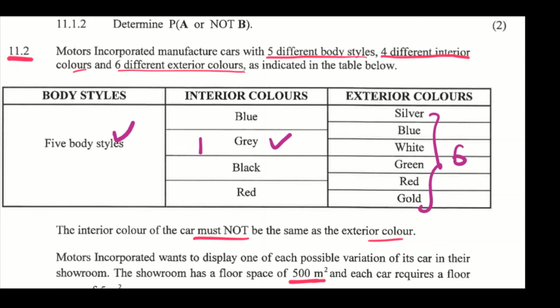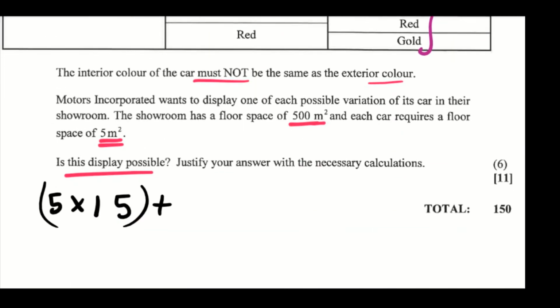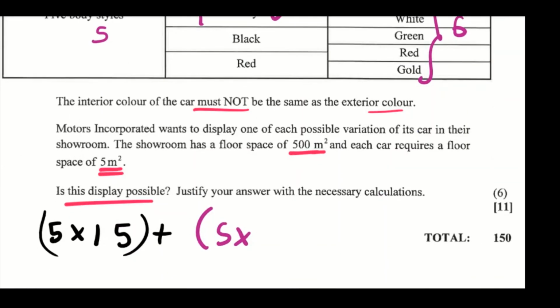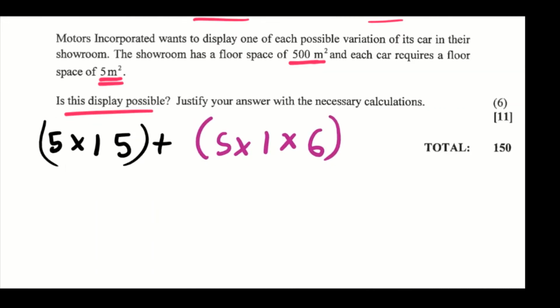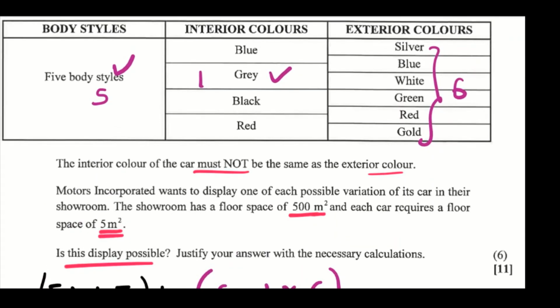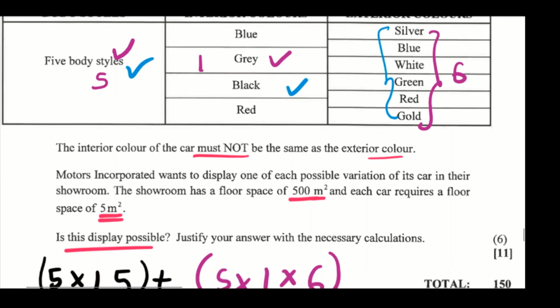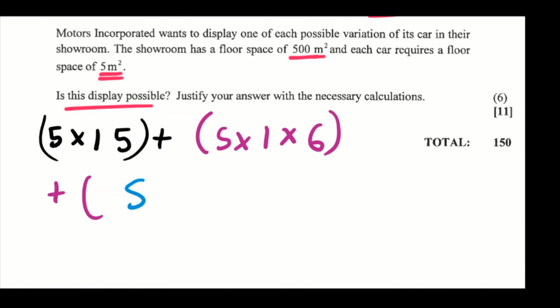So here we have one color to choose, and here it's just 5 body styles. So it's going to be 5 body styles multiplied by one color multiplied by all 6 options, plus all 5 body styles and the black. There's no black here, so we have all the options, which are 6. So it's 5 times 1 times 6.